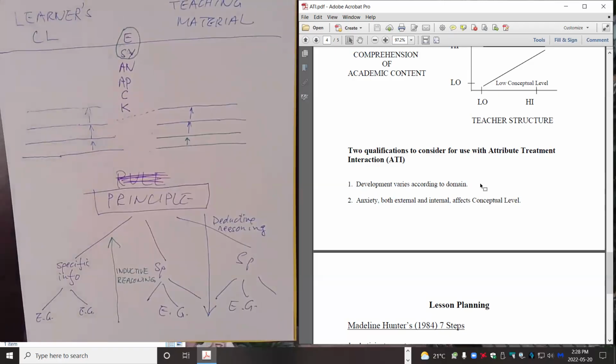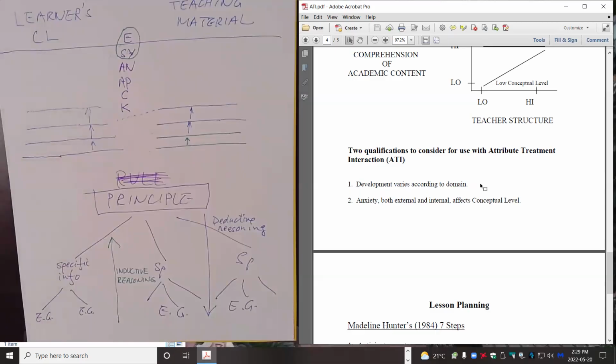For example, we have a high CL student in mathematics, but when it comes to English, maybe the student is low CL, right? That type of thing. So a particular student may be an advanced thinker or learner in one area, yet not in another.